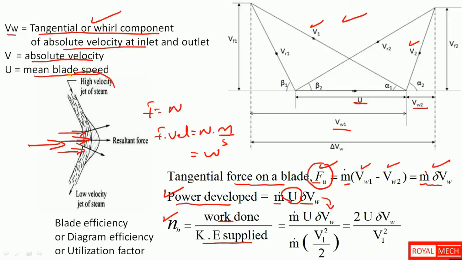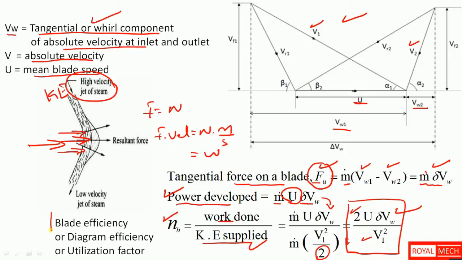The kinetic energy supplied is m dot v1 square by 2. So we can write 2U delta Vw upon v1 square, because the 2 is shifted here. This is the expression for blade efficiency.